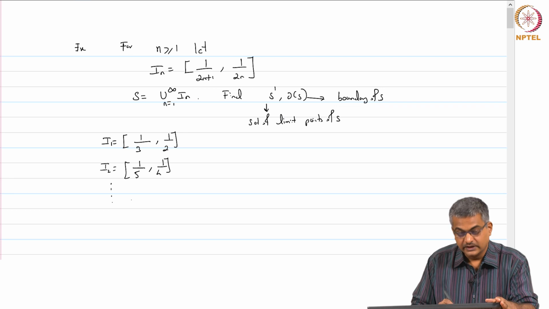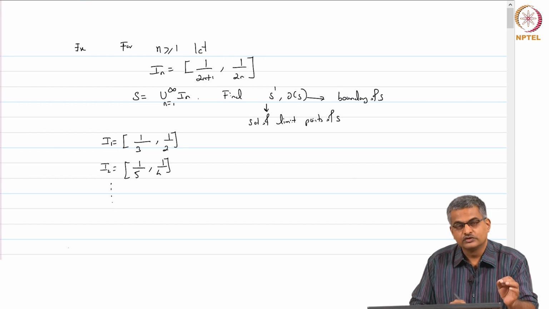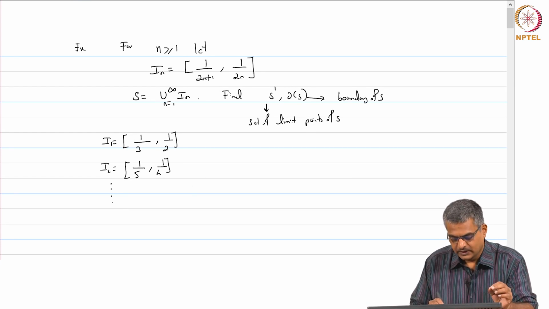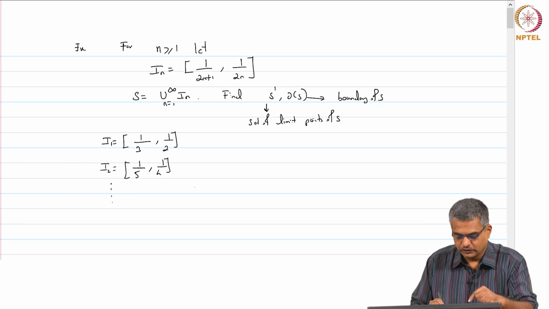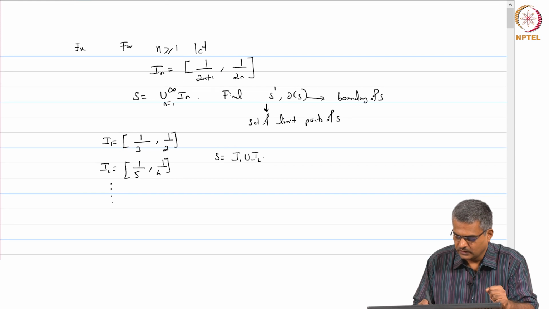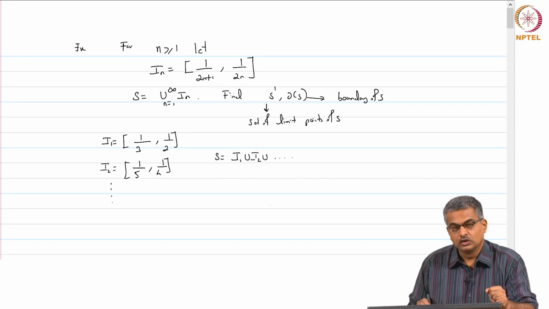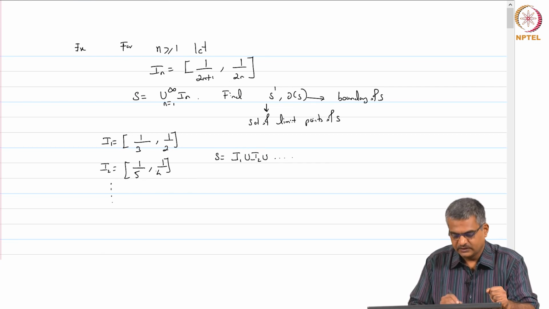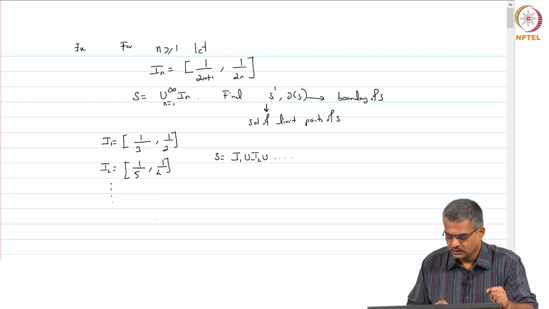So, 0 is certainly a limit point, because for every neighborhood around 0, it contains an element belonging to the set S. S is I 1 union I 2 and so on, and as n becomes larger and larger, both the left and right end points approach the value 0.